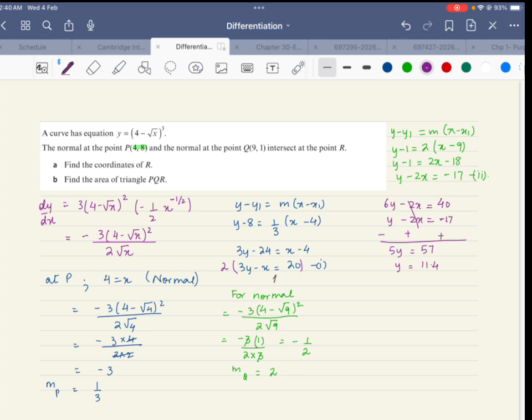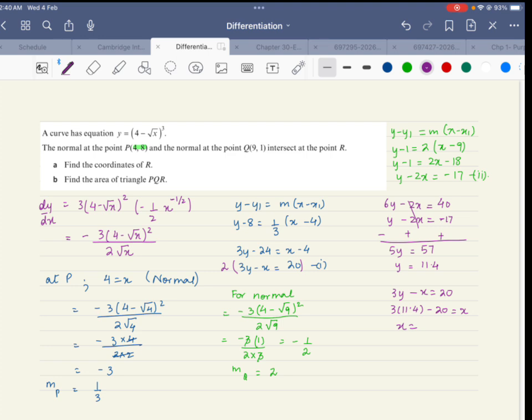Now I put it back in equation 1. 11.4, or we can say 57 upon 5, we can keep it as a fraction or as decimals. And 3y minus x equals 20. 3 into 11.4 minus 20 is equal to x.